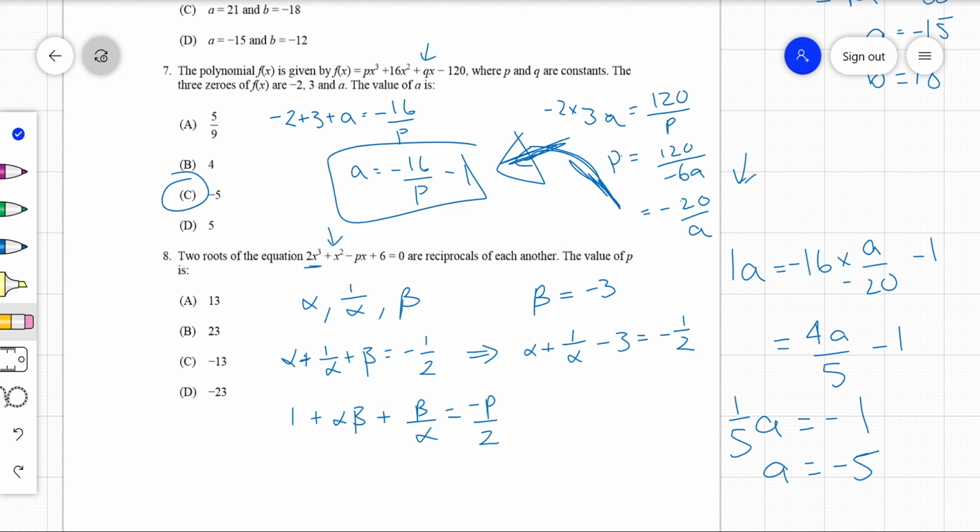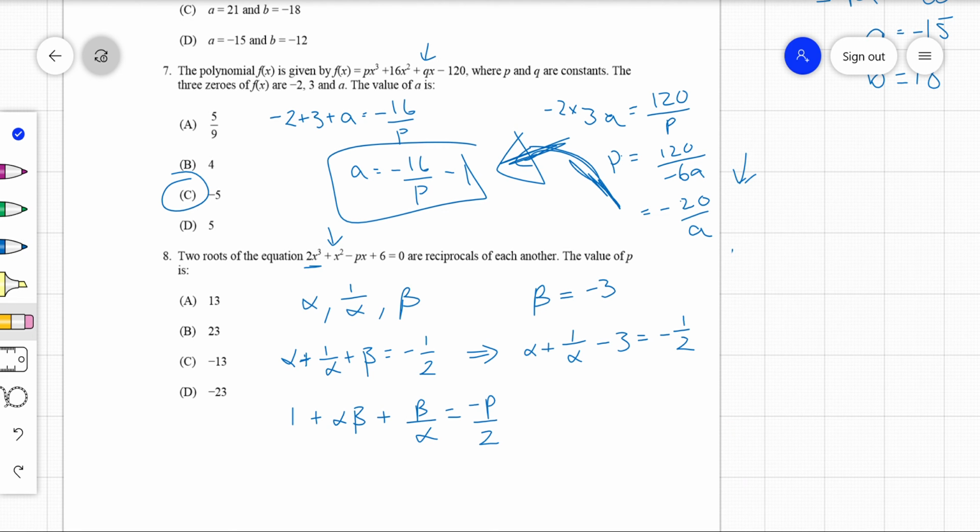And I've also got here this one: 1 plus minus 1 minus 3 alpha minus 3 on alpha equals negative P on 2. And you can see if I factorize by negative 3, I'm going to get alpha plus 1 on alpha.